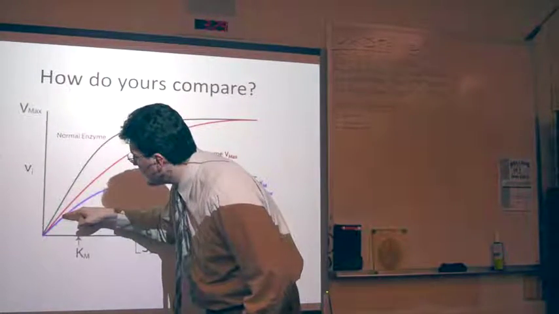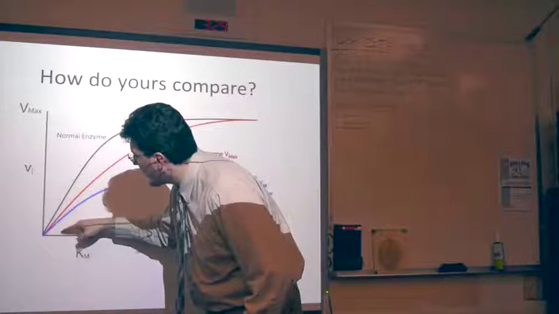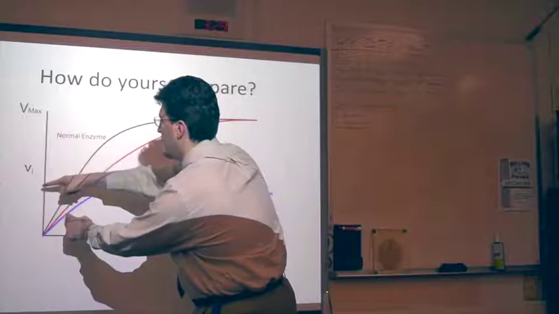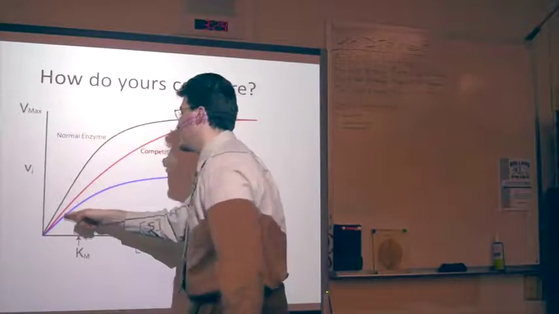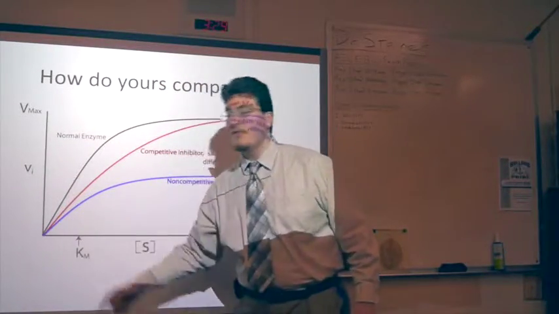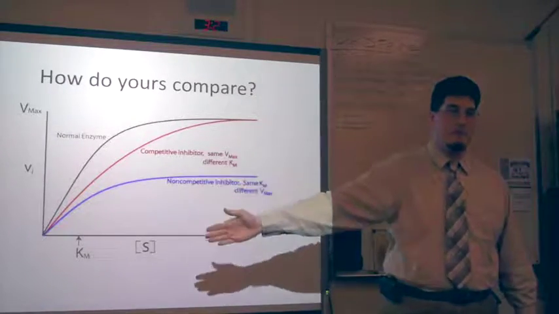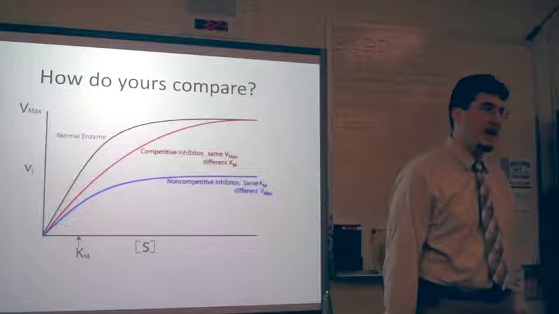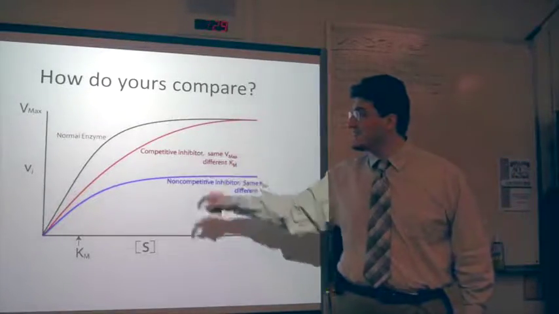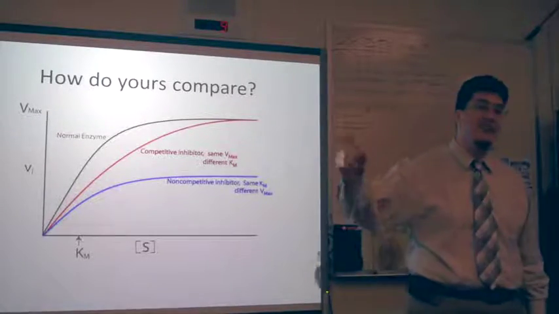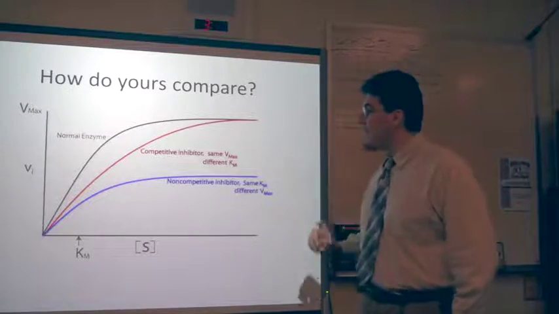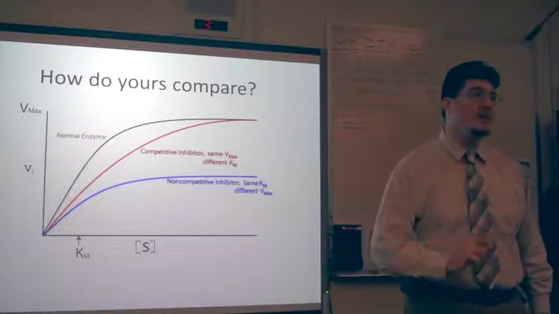And there versus there, they have the same Km. The blue and the black lines' Km values are the same. The Vmax is different, Km is the same. The enzyme affinity is the same. That is a non-competitive inhibitor.